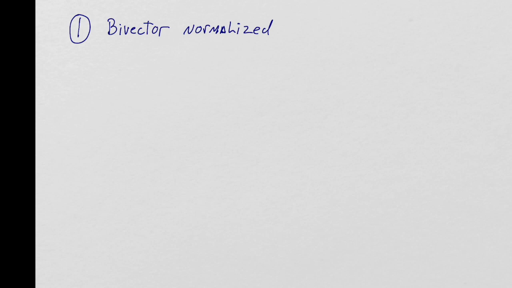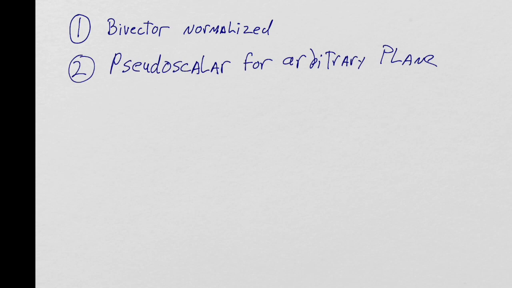Having never taught this before and having gone through a lot of different approaches, read a lot of papers and studied a lot of course materials about this from others who are much more knowledgeable about it, I've chosen the following path through this. First, we're going to study the normalization of a bivector. Then we are going to see how we can create a pseudoscalar for an arbitrary plane in any dimensional space, although we'll exemplify this in our standard three-dimensional space.